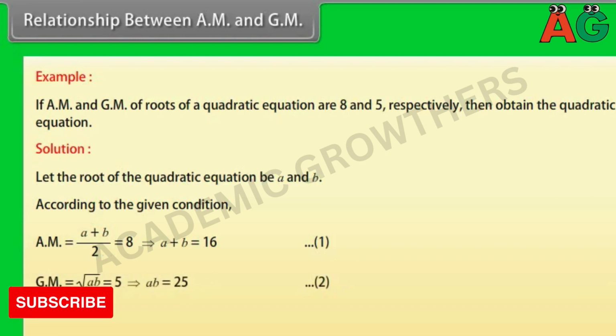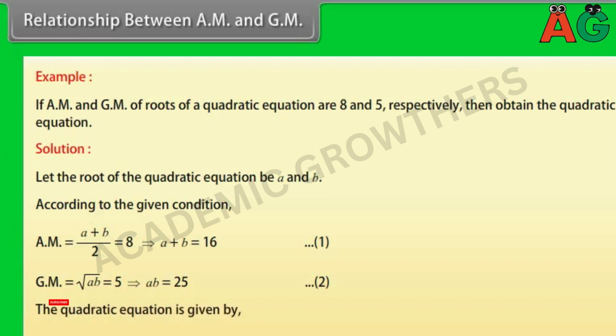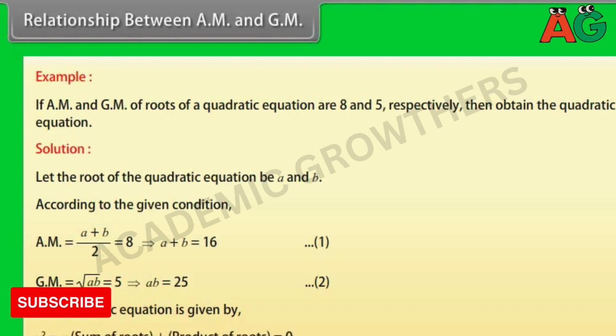Geometric mean is equal to square root of AB is equal to 5. It implies AB is equal to 25. Let it be equation 2. The quadratic equation is given by x square minus x into sum of roots plus product of roots is equal to 0.